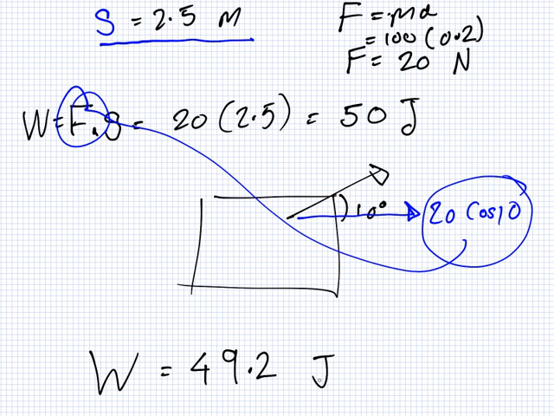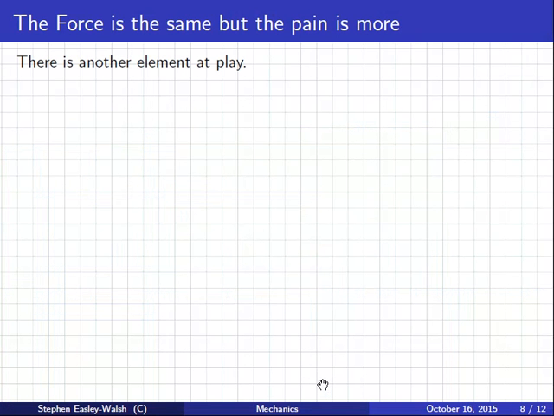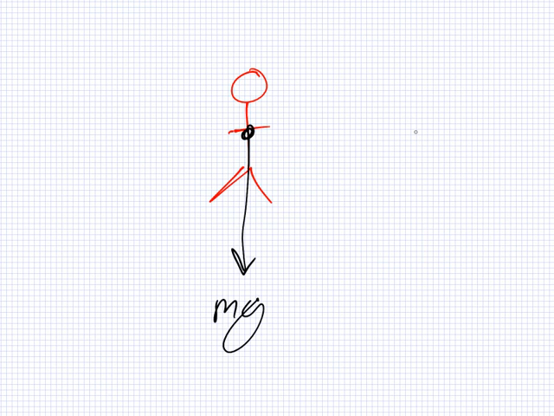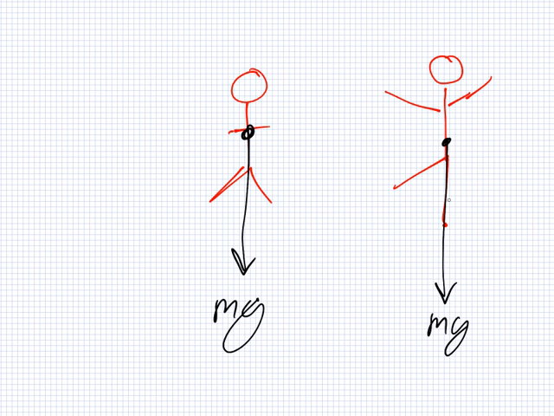Okay, continue. Right, so now ballerina time soon. So there's another element here. Why does standing on one foot feel more difficult? If you're standing on two feet, it's still mg, but if you're standing on one foot, it's still mg, but it feels harder.